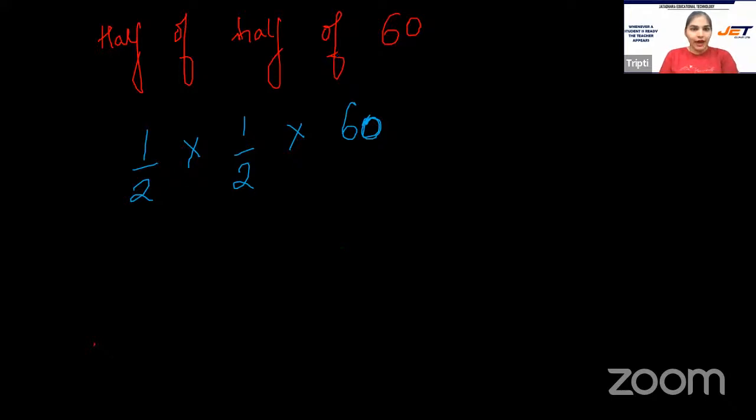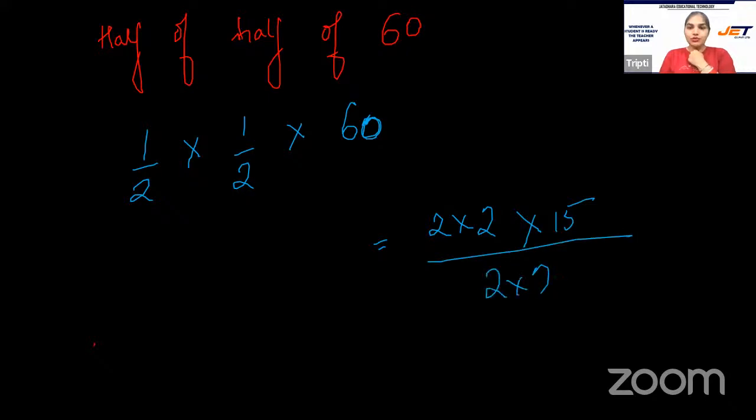So half of 60 here. How do we write 60? I can write 60 as 2 times 2, which is 4, 4 times 15 is 60. In the denominator, it's 2 times 2. Cancel, cancel, cancel, cancel. Here, 15 is the answer. Half of 60 is 15.